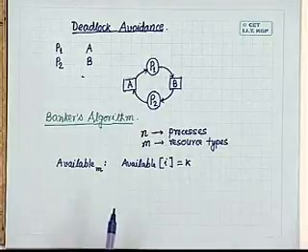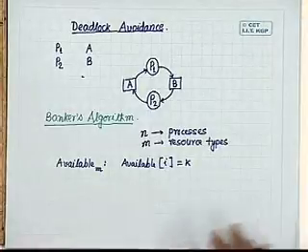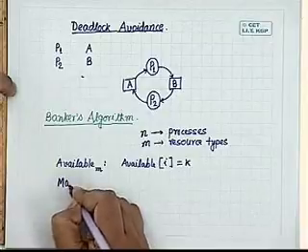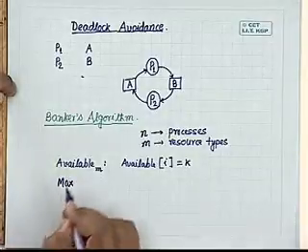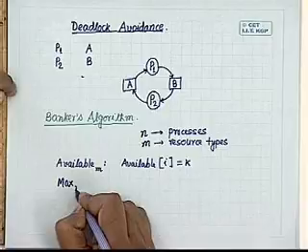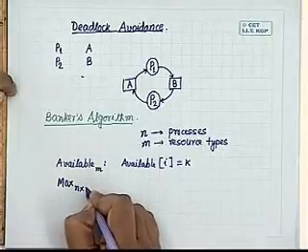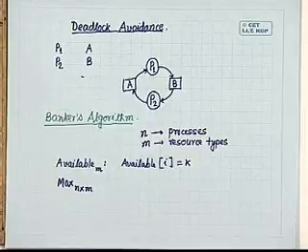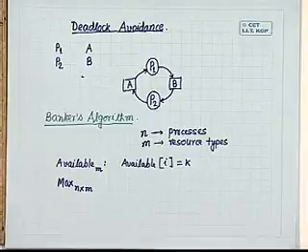Okay. The second data structure that is used by the algorithm is the data structure Max, and this is a matrix of dimension n by m. That means this matrix has n number of rows, one row for every process, and m number of columns, one column for every resource type.